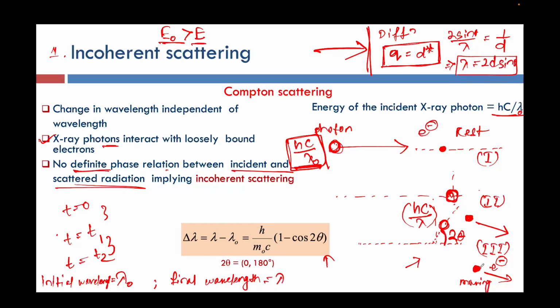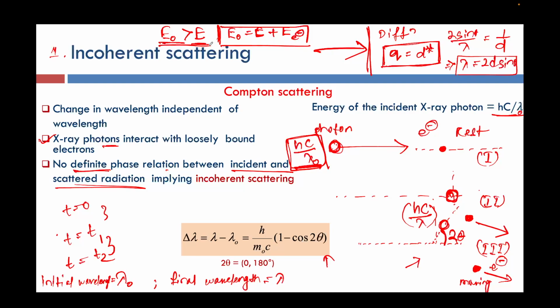If I want to quantify that, E naught will be E plus the energy of the electron. This is how I quantify the total energy my photon comes with. So E naught is greater than E, that means the initial energy of my photon is greater than its final energy.